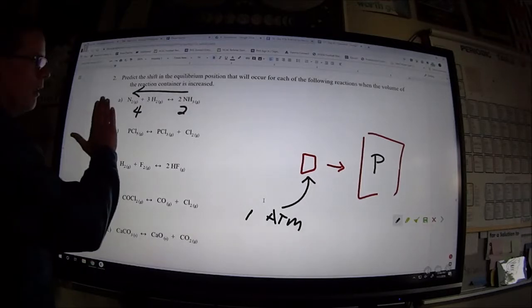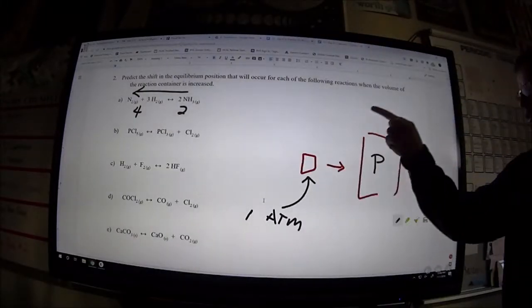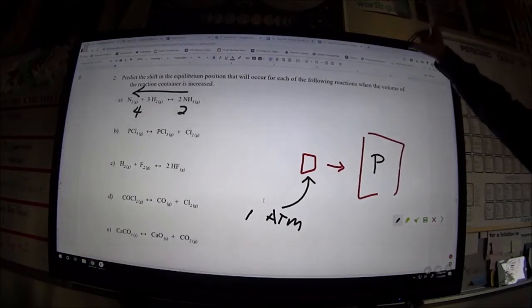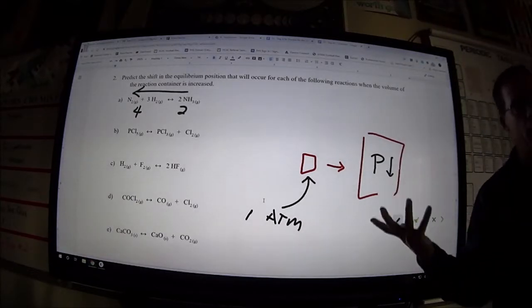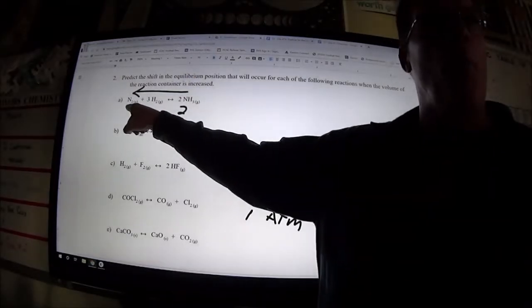Wait, hold on. Say that again. The container went from small to bigger, so it gave the particles more room to spread out. So initially the pressure went down. We need to get that pressure back to where it was, so I need to increase the total number of particles available.